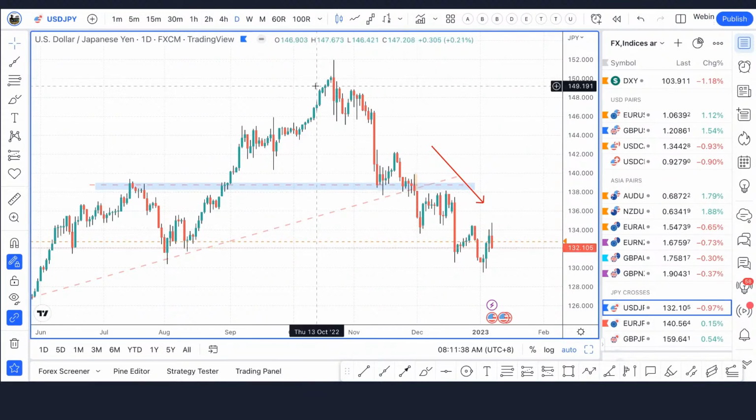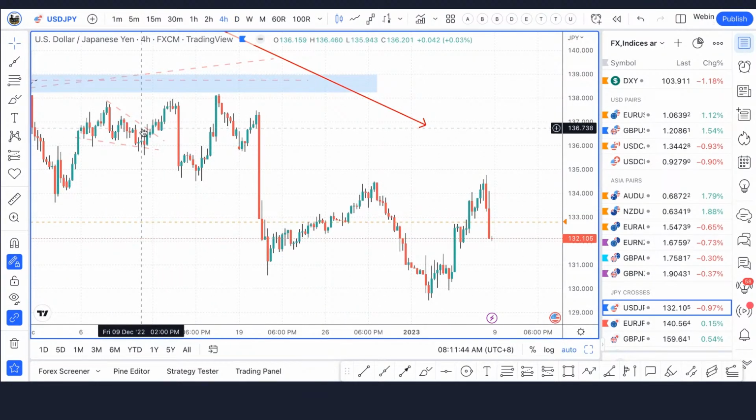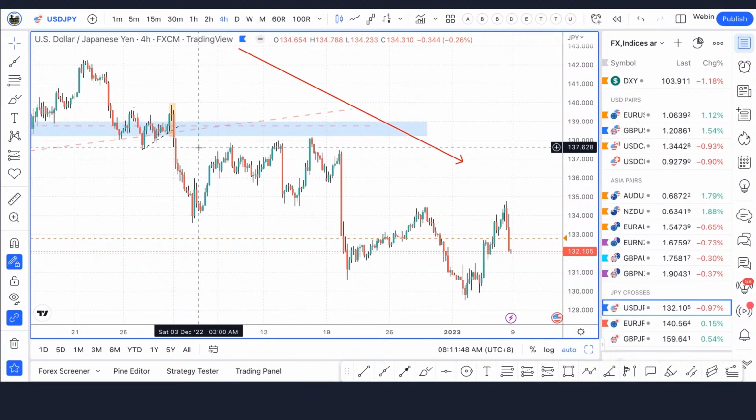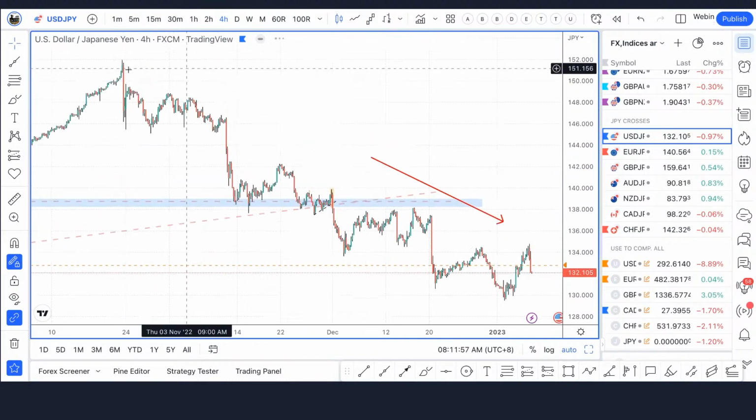On the daily time frame this is on the downside, and on the 4 hourly and 1 hourly, go to a lower time frame to look for shorts. That would be my bias on US dollar yen, and also euro pound, euro yen, and Swiss franc yen.